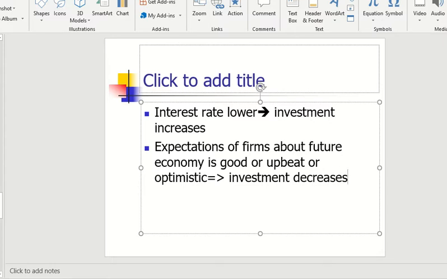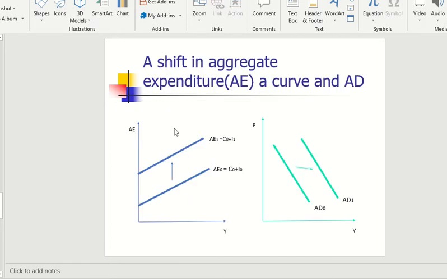In contrast, if firms are pessimistic about the future of the economy, they are unlikely to make as much investment. Okay? So let's turn to the graph. So here's an example. Assuming that firms are very optimistic about the future of the economy, they think the economy in the near future is going to be robust, it's going to be good. So they are very likely to increase investment.